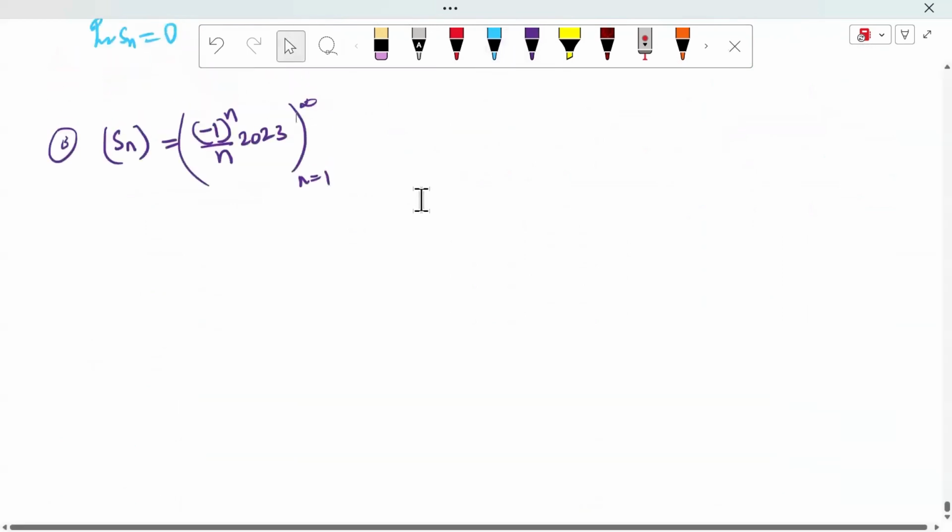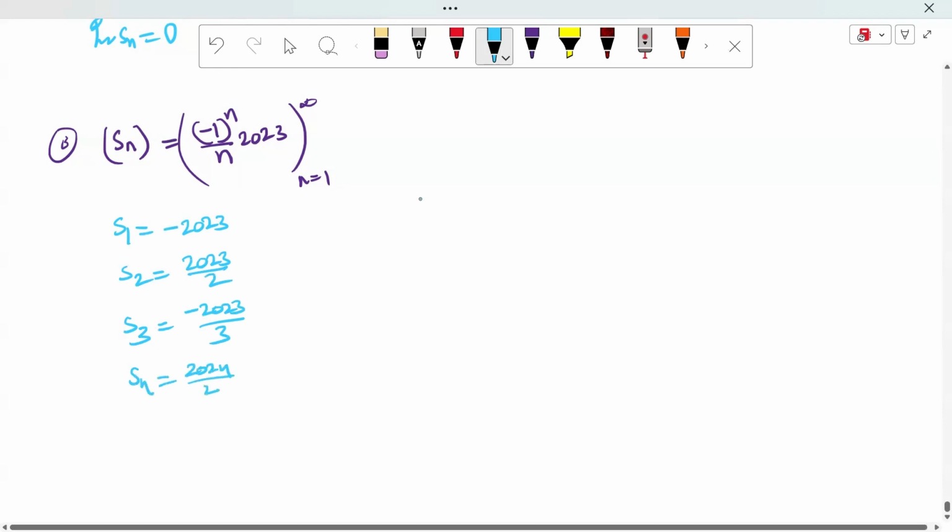For example, we can put n is equal to 1, S1 is equal to minus 2023. n is equal to 2, it is 2023 by 2. n is equal to 3, it is minus 2023 by 3. n is equal to 4, S4 is 2023 by 4.